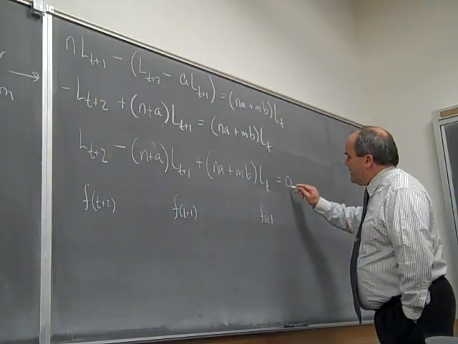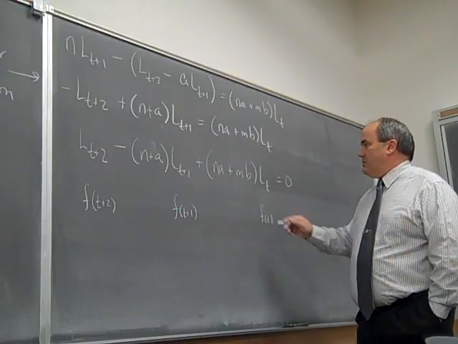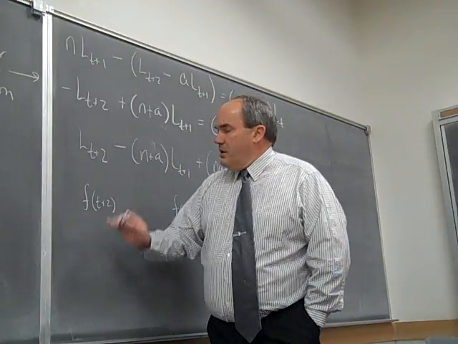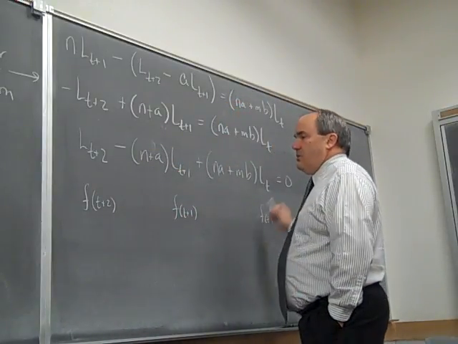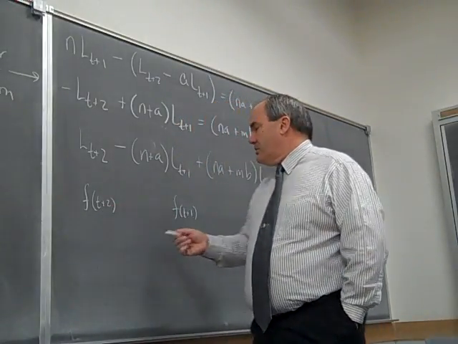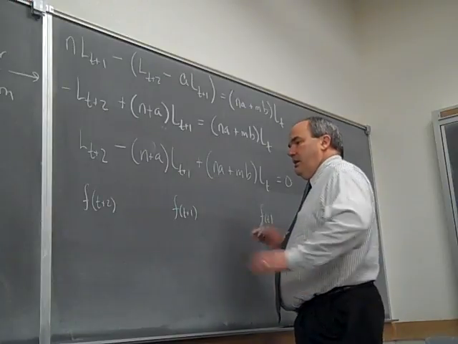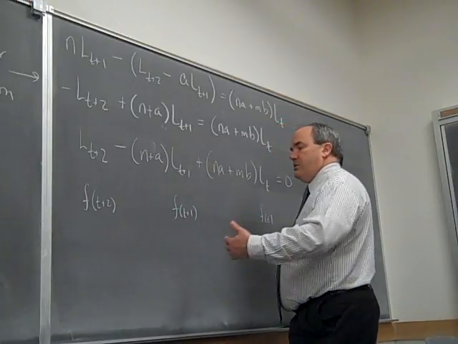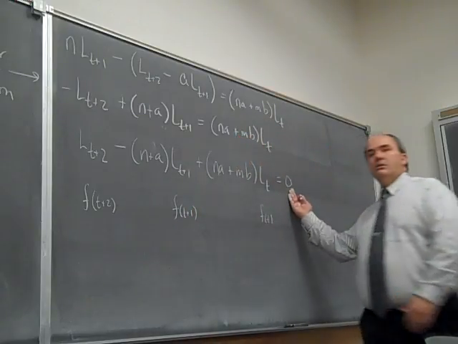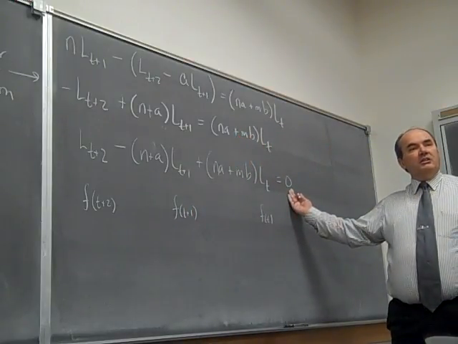The fact that I have a 0 over here means these are just numbers that I have sitting out in front. So the fact that I have a 0 over here means, in essence, when I evaluate this function at t plus 2, t plus 1, and t, and get the stuff that comes out of those functions, they must cancel each other out.